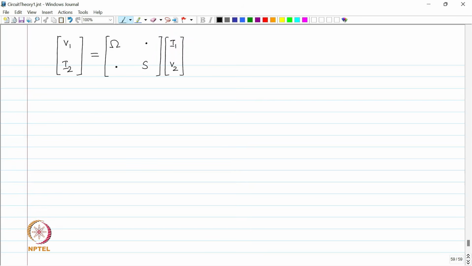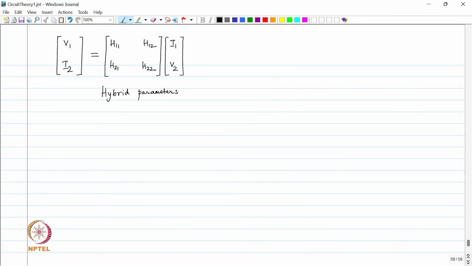And earlier, when everything was resistance, you called it Z, everything was a conductance, you called it Y. Now, it's all mix and match, right, everything is mixed. So, we call this the set of hybrid parameters. Right, and hybrid is H. So, we are going to call this H 11, H 12, H 21 and H 22.